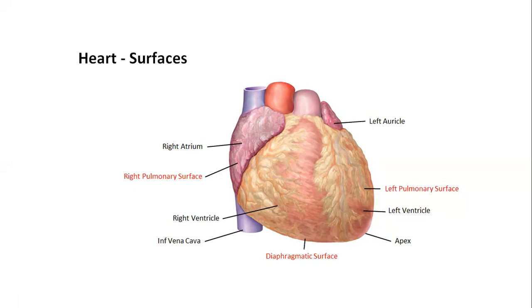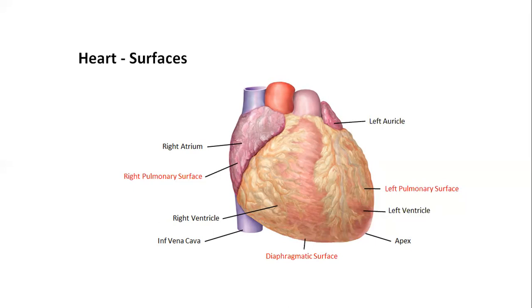So since the inferior surface of the heart is lying on the upper surface of the diaphragm, it is named accordingly as diaphragmatic surface. It is mainly formed by the left ventricle and partly by the right ventricle. So together this surface is labeled as diaphragmatic surface.